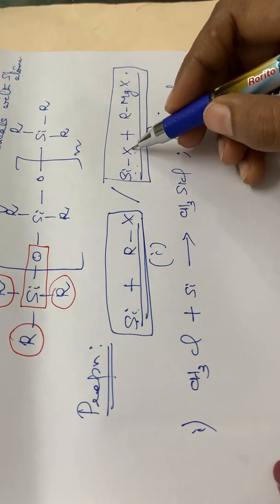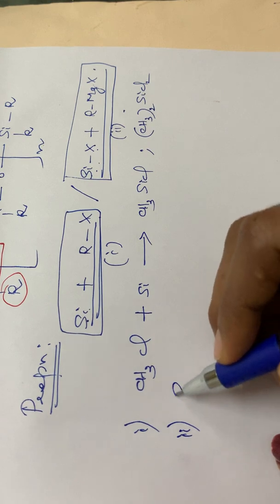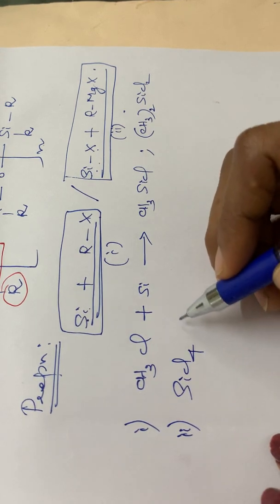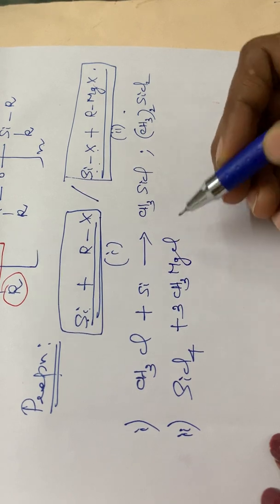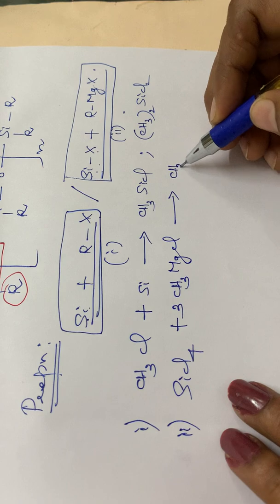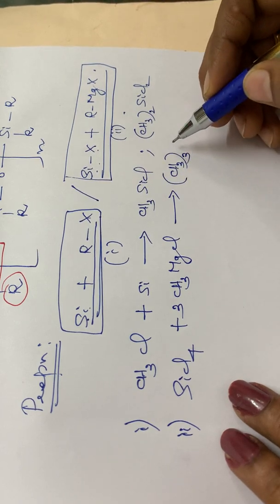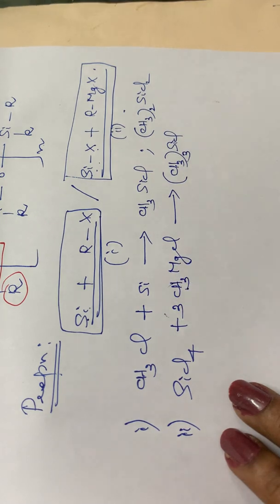Then the second category, reaction of silicon halide with alkyl magnesium halide. Silicon halide SiCl4 plus 3 CH3MgCl, giving the product (CH3)3SiCl, 3 molecules of CH3, isn't it?